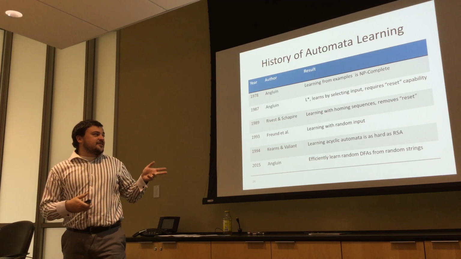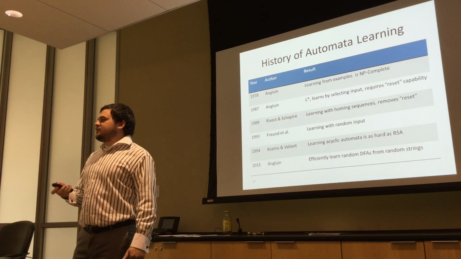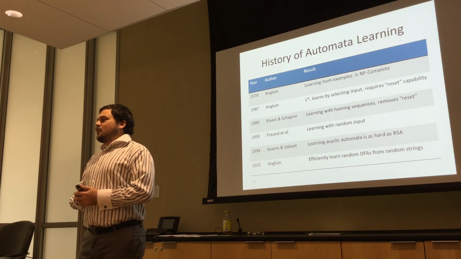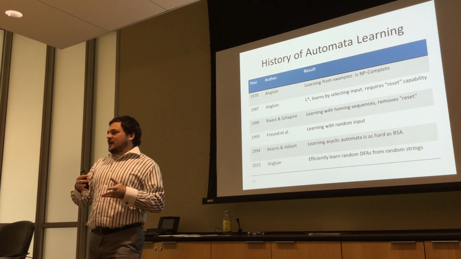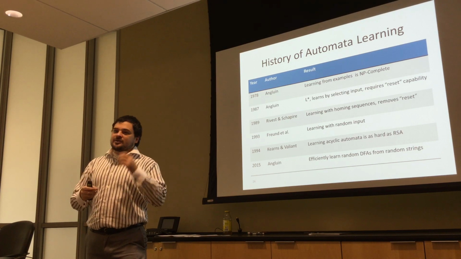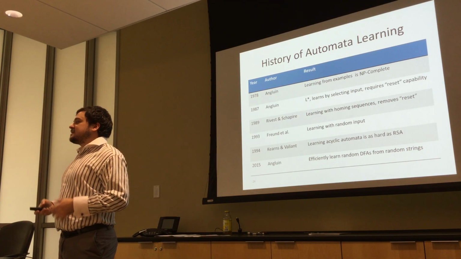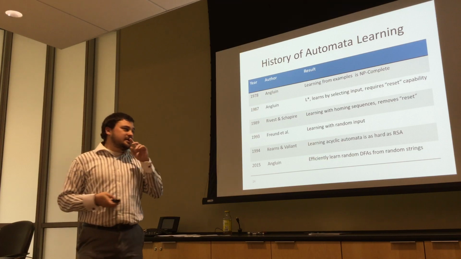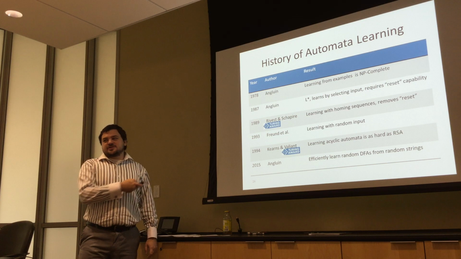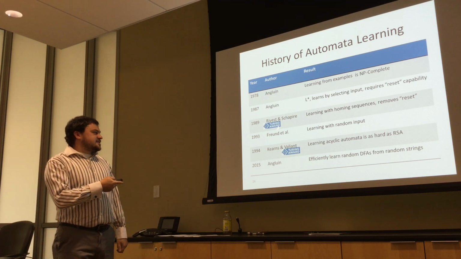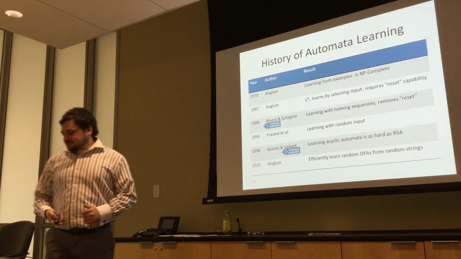And this is in spite of the fact that there's a clear trend in making weaker assumptions about the nature of the input to the automata, where, in my opinion, intuitively, having an algorithm that doesn't require the input to the automata at all is the weakest assumption you could make. So that's kind of the best way to learn these automata. And all of this is in spite of the fact that two of these individuals are Turing Award winners. So Ron Rivest and Leslie Valiant are both Turing Award winners who have looked at this problem.